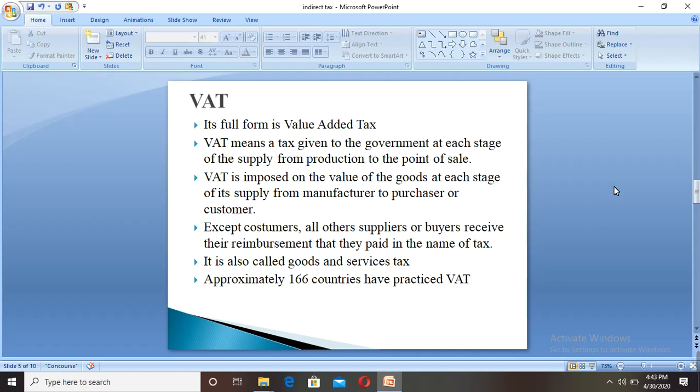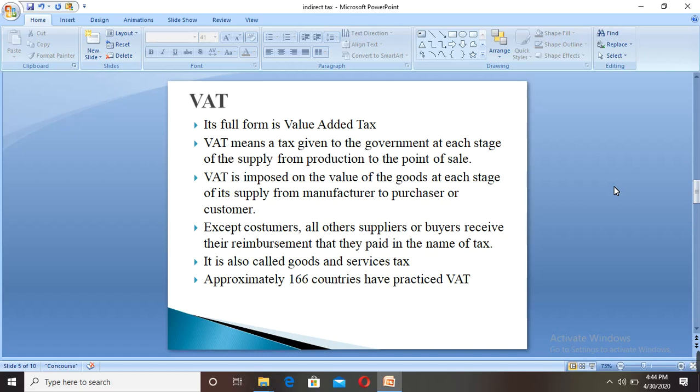So, except customers, all other entities take their expense compensation or reimbursement from other entities. So the customer is affected by the amount of VAT, and it is also called goods and services tax.